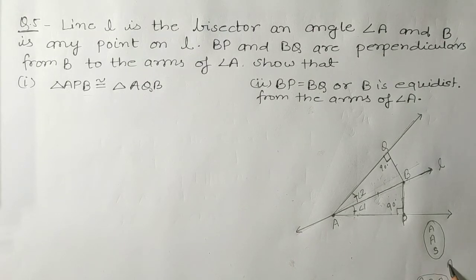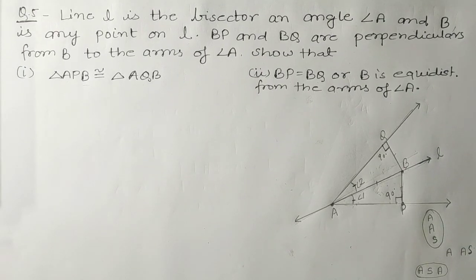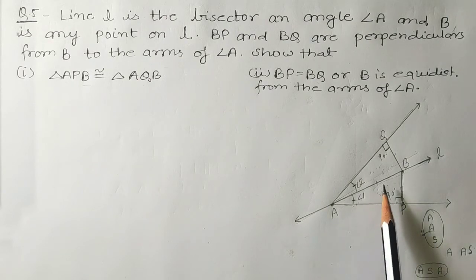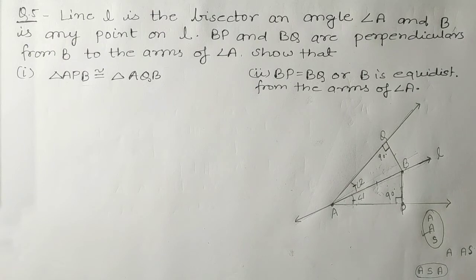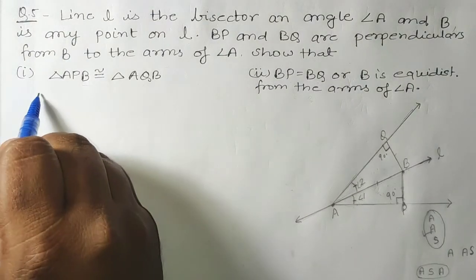But if two angles and one non-included side are there, then we can prove it by the angle side criterion. So we'll prove this by the angle side criterion because two angles are there and one non-included side is there. Okay, so firstly we'll write what is given in the question.